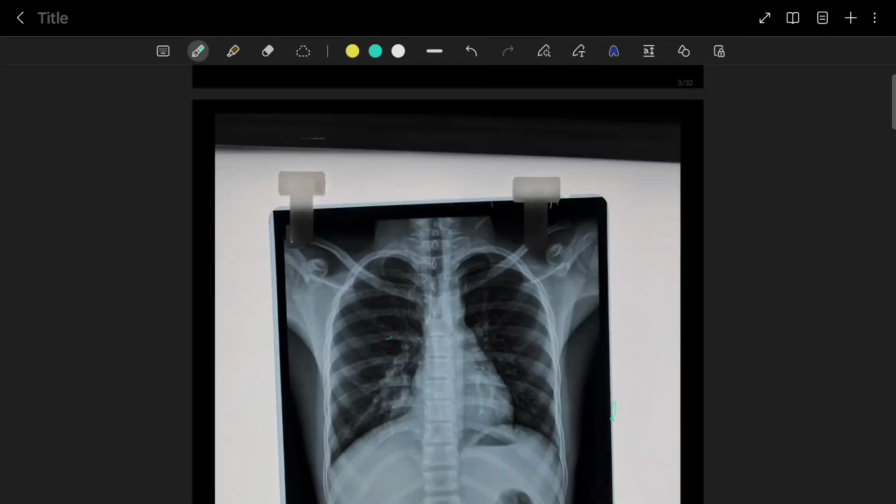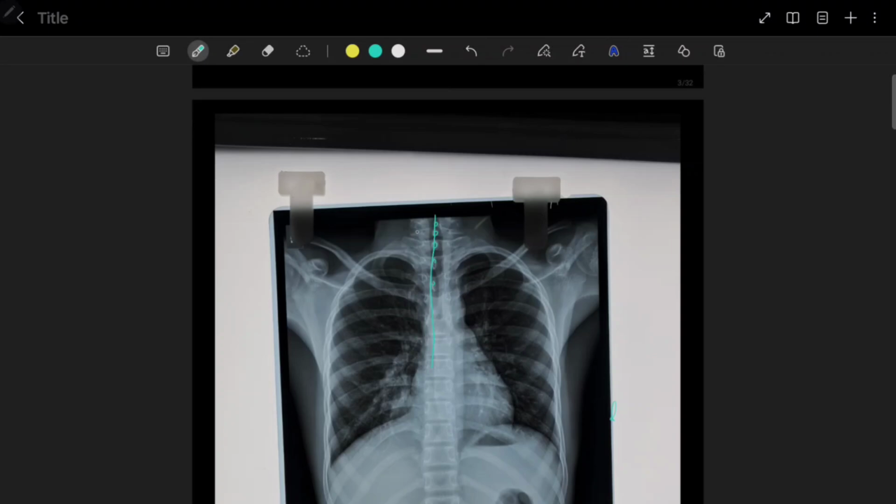Okay. Then after the side determination, you have to see whether the X-ray is taken rightly or not. To see this, you have to first identify the spinous process. These are the spinous processes. Make a line here.